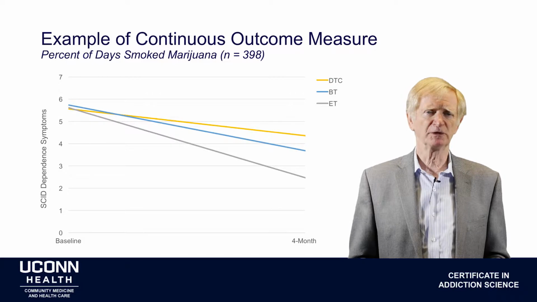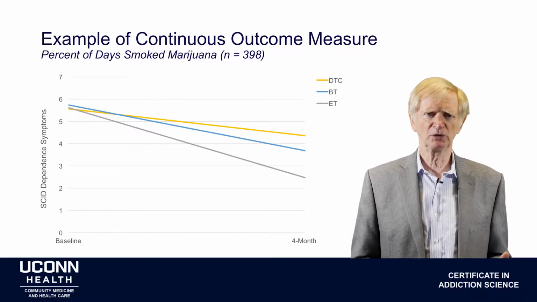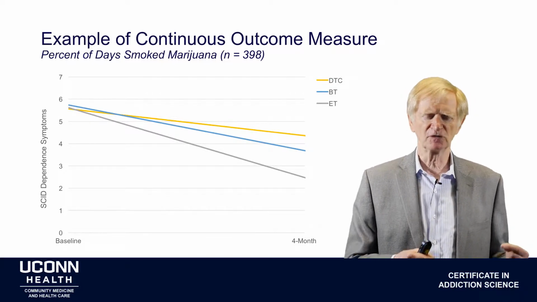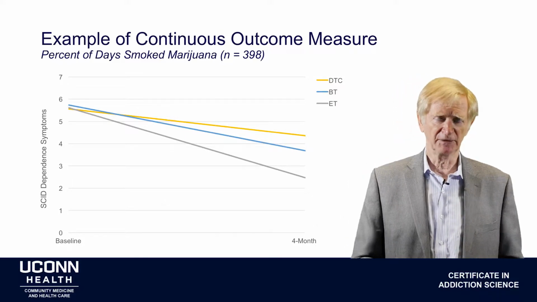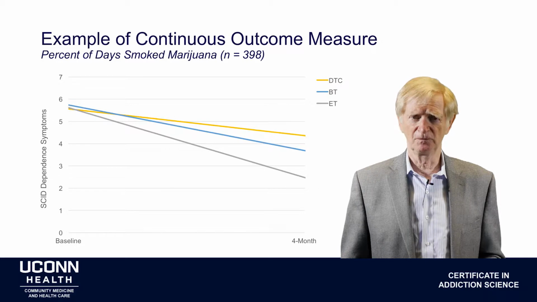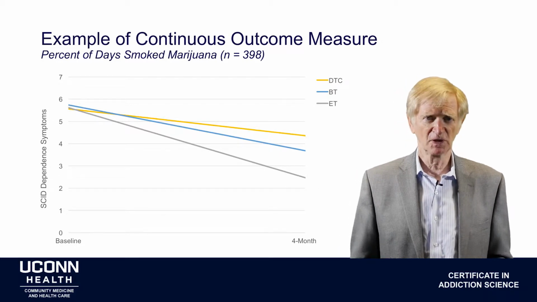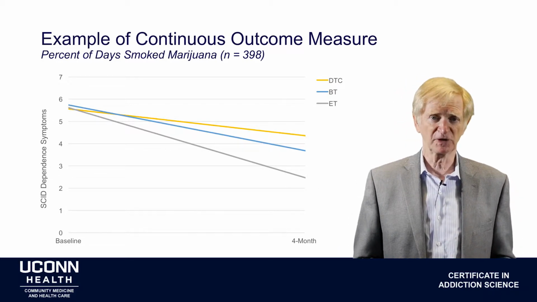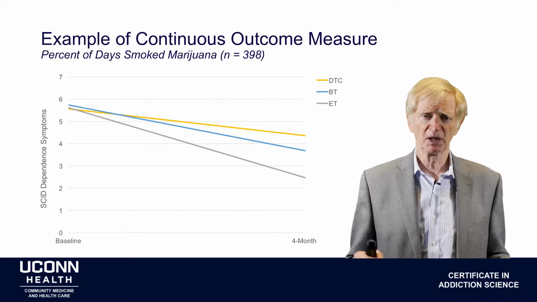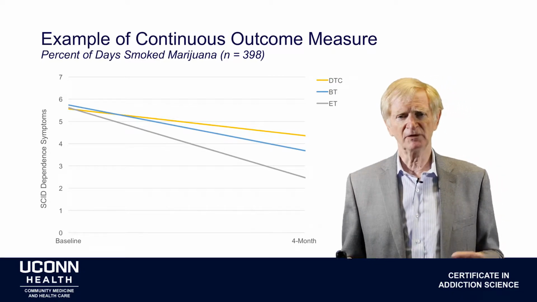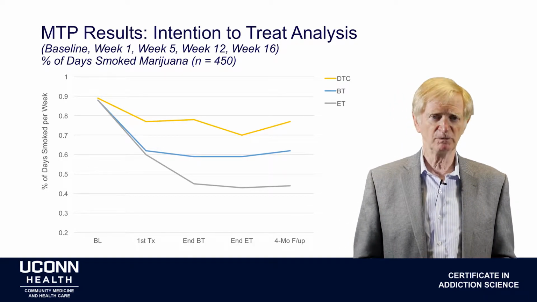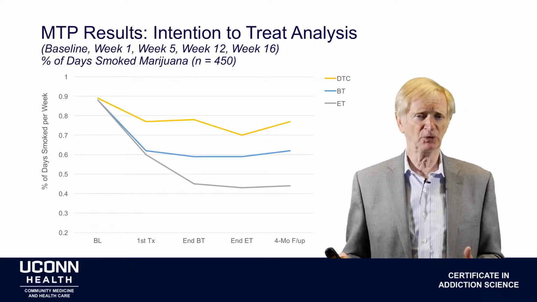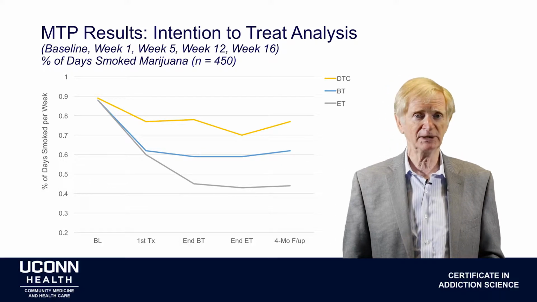It's also important to look at not only the averages for the people who you followed up, and in the case of the MTP project, it was over 80% at most of the follow-up periods. But you want to, in some cases, do an intention to treat analysis, which means that you assume that people who weren't followed up may have relapsed.